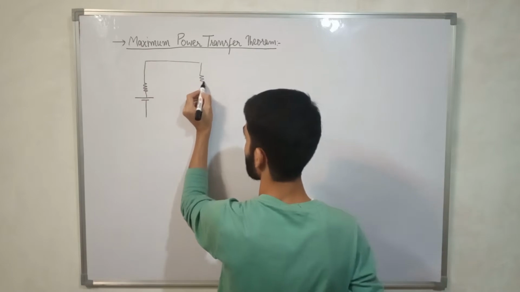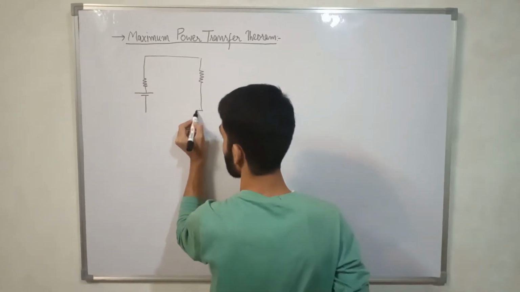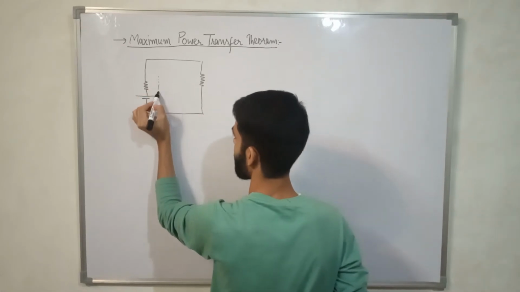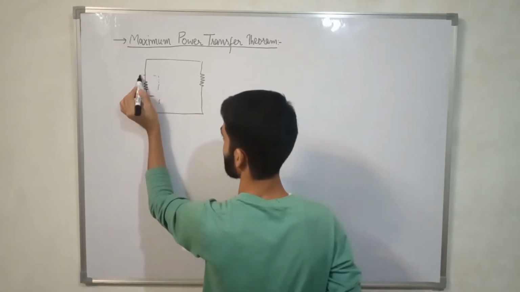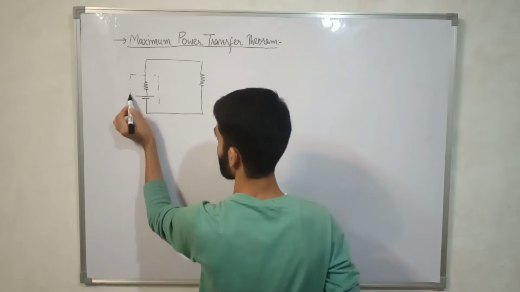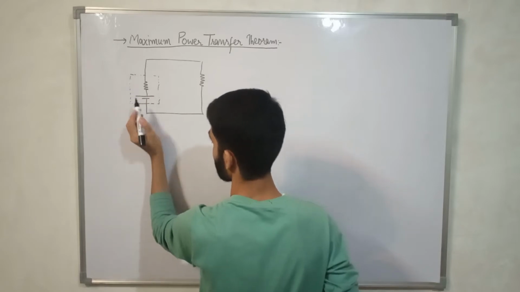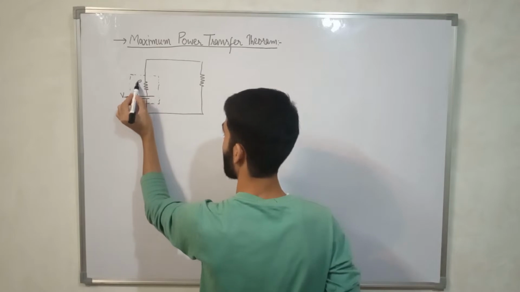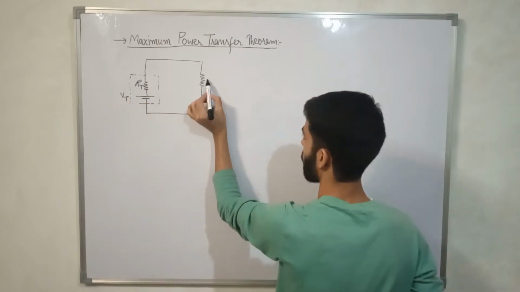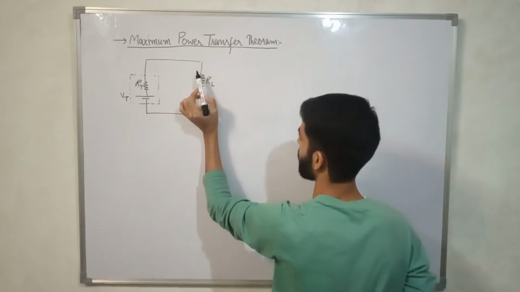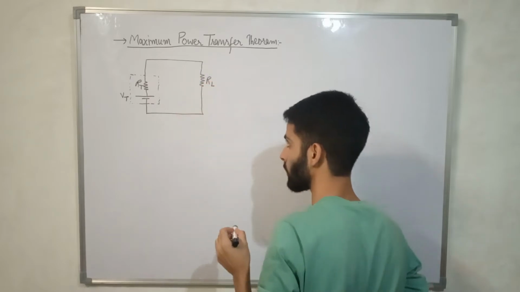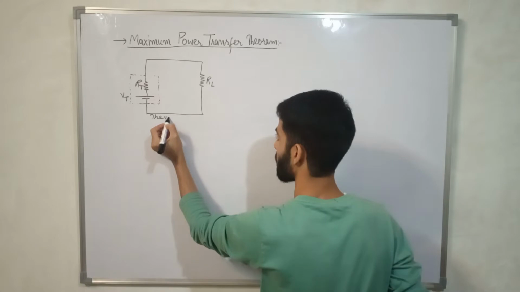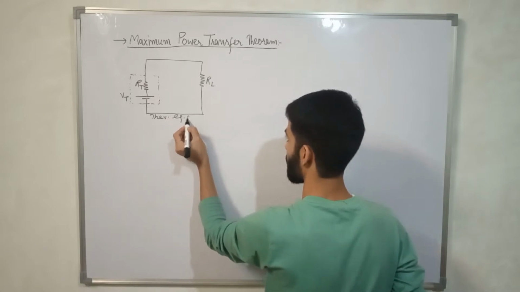This is Thevenin voltage with its internal resistance Vt and Rt. This is load resistance R. This is Thevenin equivalent circuit.